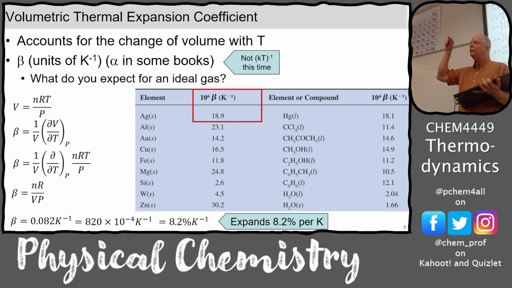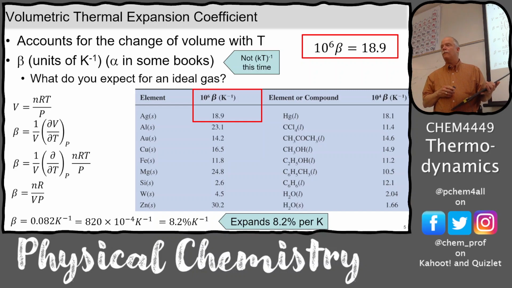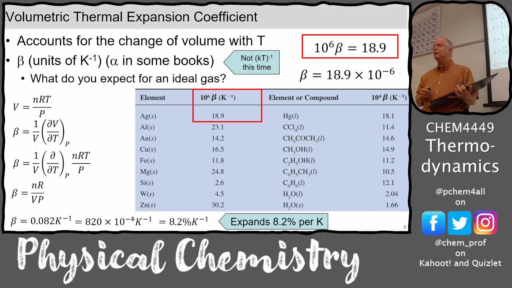The label at the top of the table is equal to the number. So you can set that up here at the top. So 10 to the 6th beta is equal to 18.9. And so when you solve for beta, it's 18.9 times 10 to the -6. That's what beta is. And this is 8.2 times 10 to the -2.